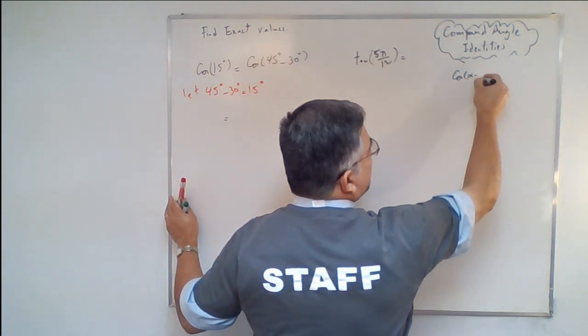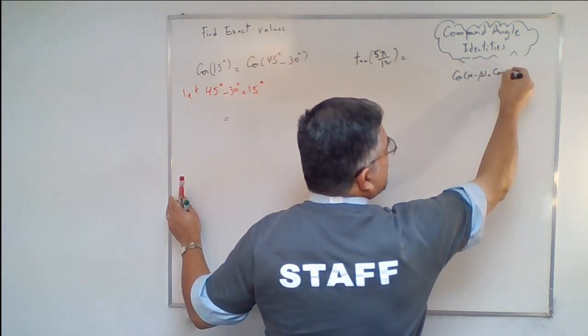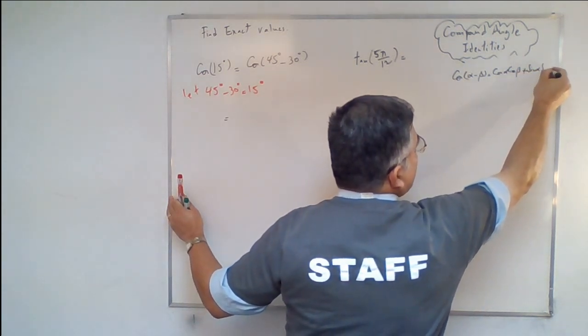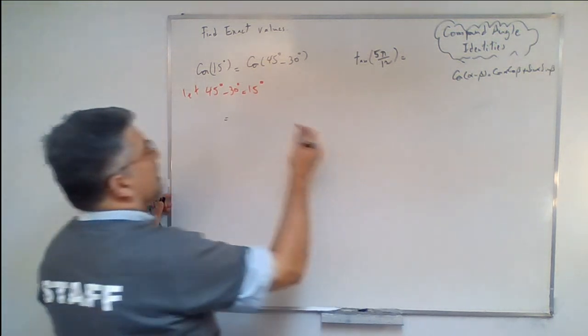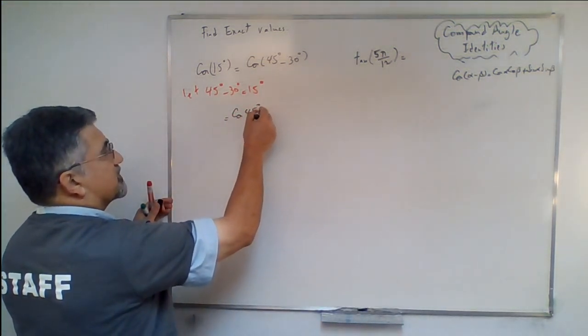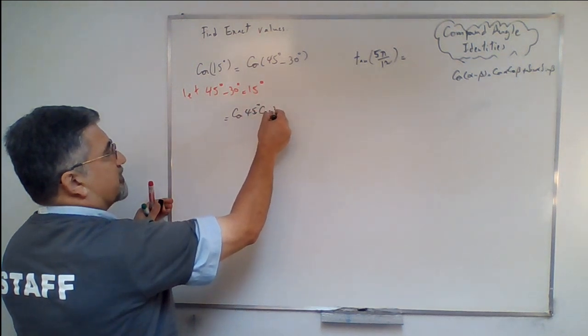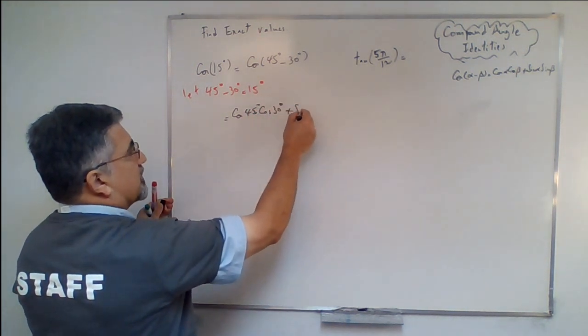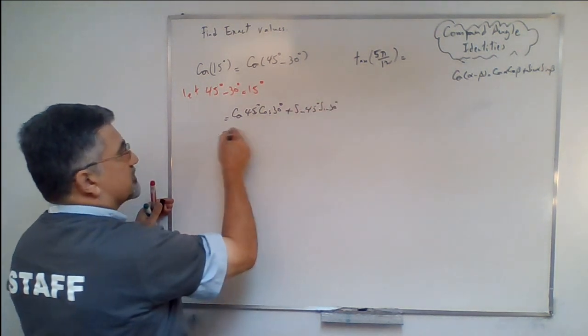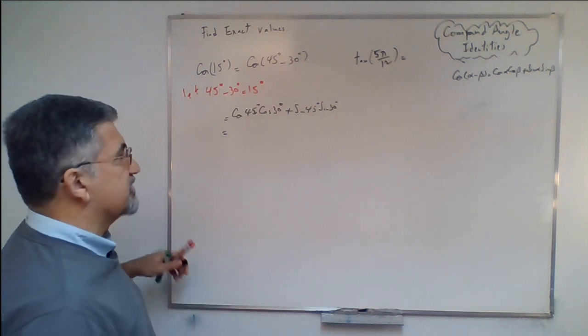Cos of alpha minus beta is cos alpha cos beta plus sine alpha sine beta. So here I can say it's cos of 45 degrees times cosine of 30 degrees plus sine of 45 times sine of 30 degrees, using the compound angle identity.